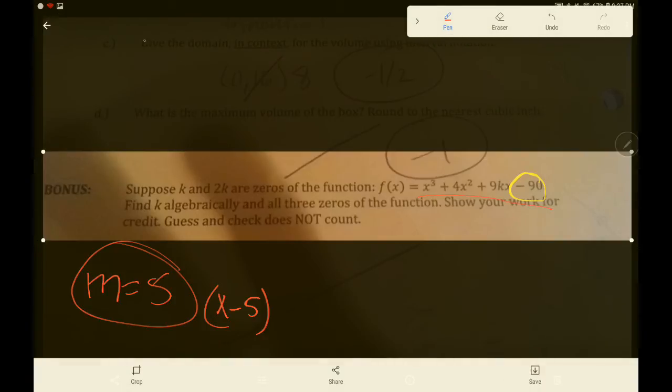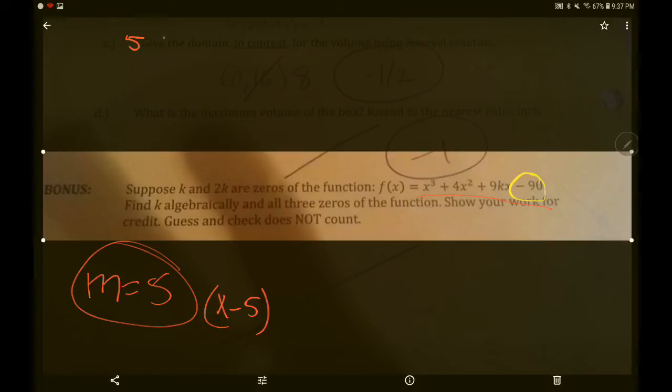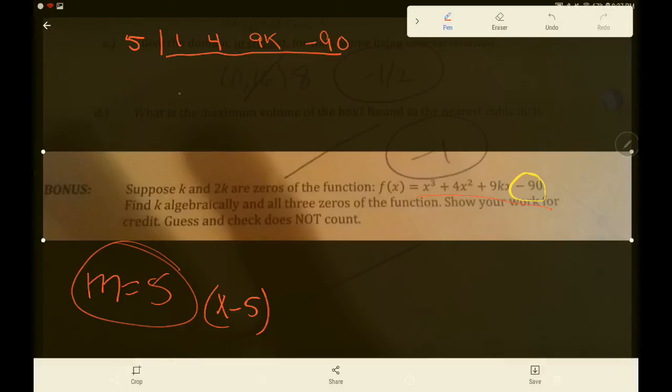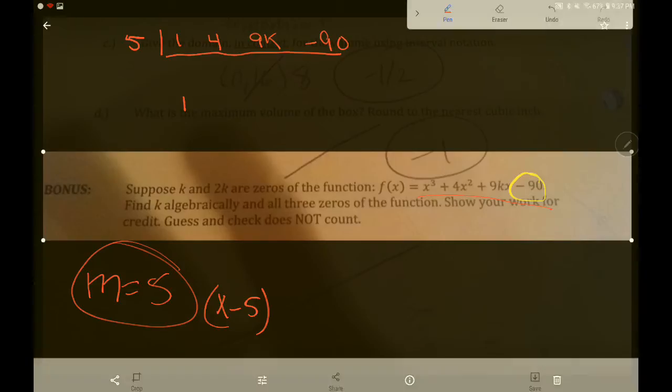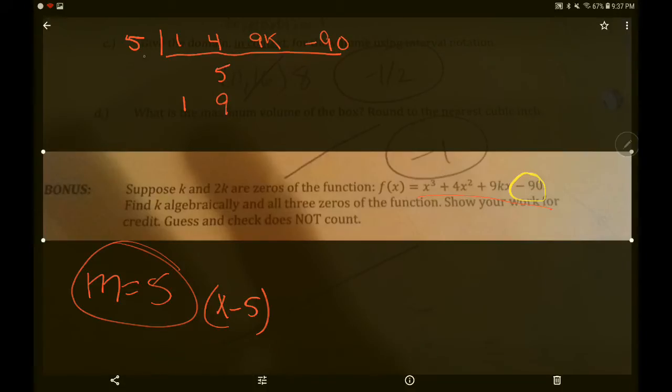We do it with synthetic division, so we have 5 into 1, 4, 9k, and then negative 90. So we have the 1, 5 times 1 is 5, 4 plus 5 is 9, 5 times 9 is 45.